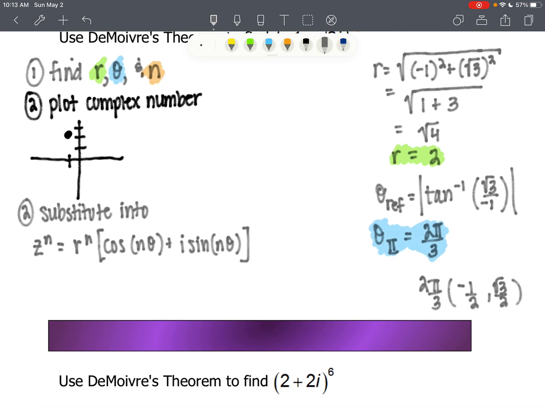It helps to rewrite the formula down. It really does. So I've got an r value of 2 raised to the 12th power times the cosine of 12 times 2 pi over 3, and 12 times 2 pi over 3 is 8 pi.